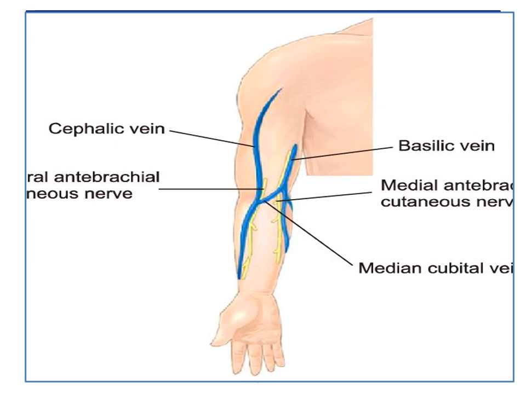At the cubital fossa, remember that the basilic vein will be connected to the cephalic vein through a smaller vein called the median cubital vein. And eventually, from that point on, the basilic vein will ascend towards the middle of the arm. So at the junction between the middle of the arm and the distal part of the arm, the basilic vein will pierce through the brachial fascia and become deep, and thereby terminates by joining the brachial vein to form the axillary vein.